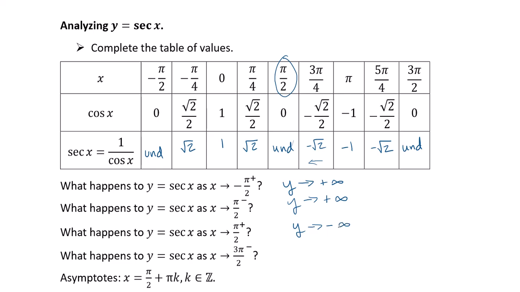And the same goes for here. As I'm approaching 3 pi over 2, this value for y is approaching negative infinity. And in fact, our asymptotes are going to be x equals pi over 2 plus pi times k, where k is an element of the integers.